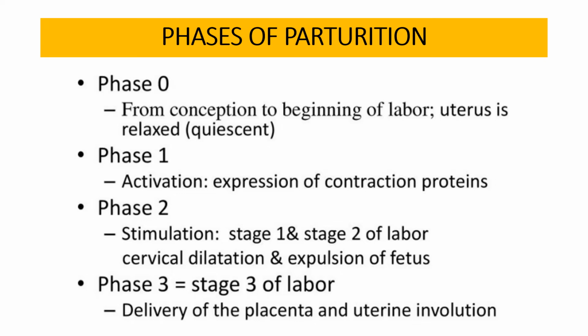In phase 2 there is stimulation, and this phase 2 comprises stage 1 and stage 2 of labor. Here you can see cervical dilatation and the expulsion of the fetus. And phase 3 of the parturition is simultaneous with stage 3 of the labor, where there is delivery of the placenta and uterine involution.